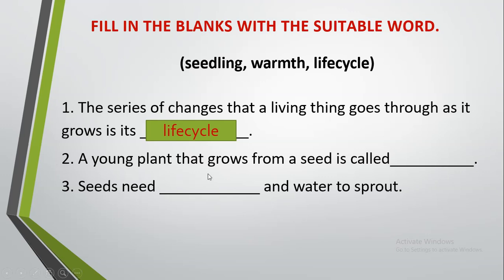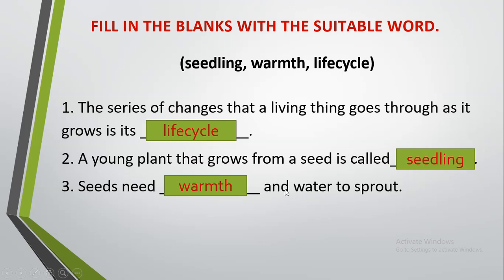A young plant that grows from a seed is called a seedling. Great. 3. Seeds need blank and water to sprout. What do they need? They need warmth and water to sprout.